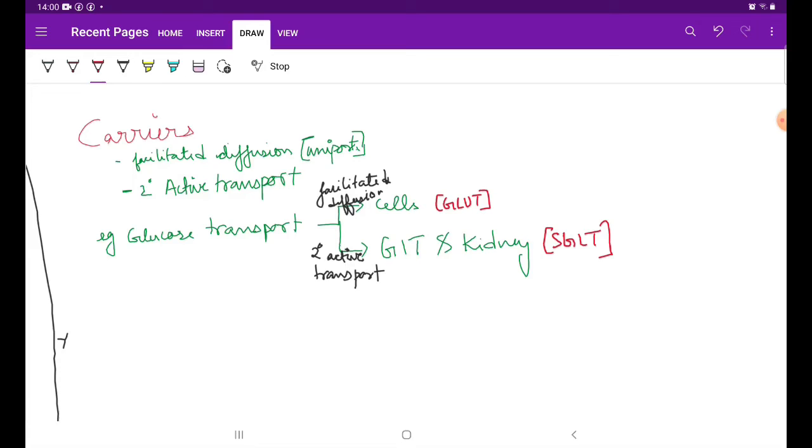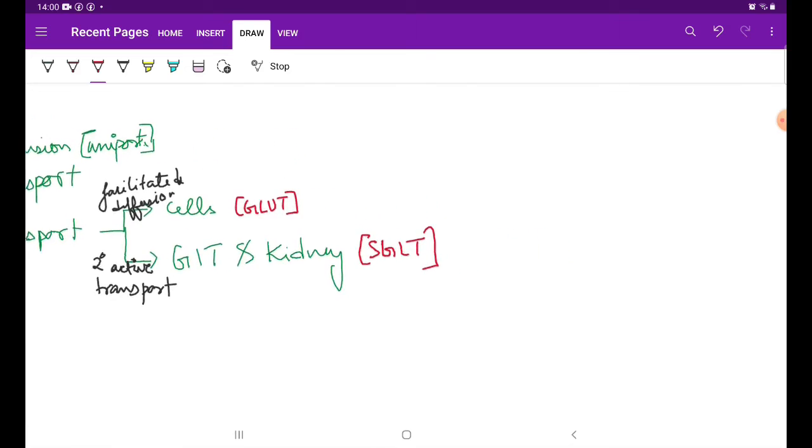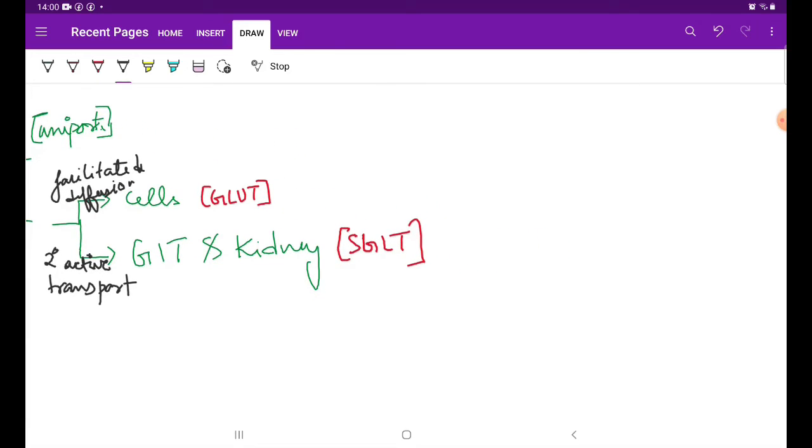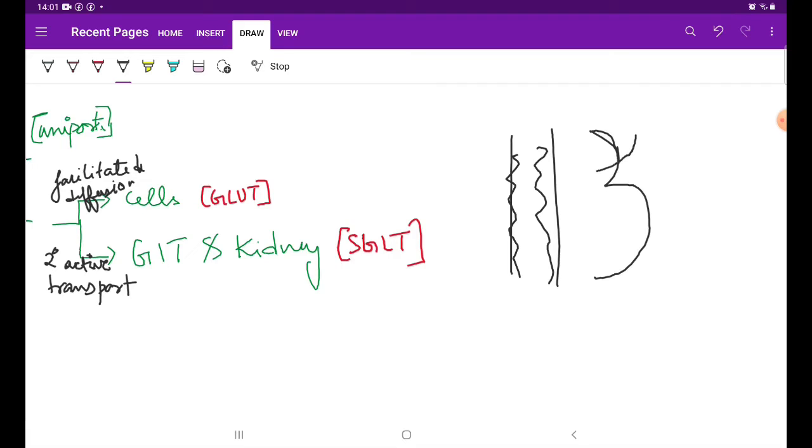In the case of GIT and kidney, the glucose enters from here with the help of SGLT, and then enters the blood vessel with the help of GLUT.